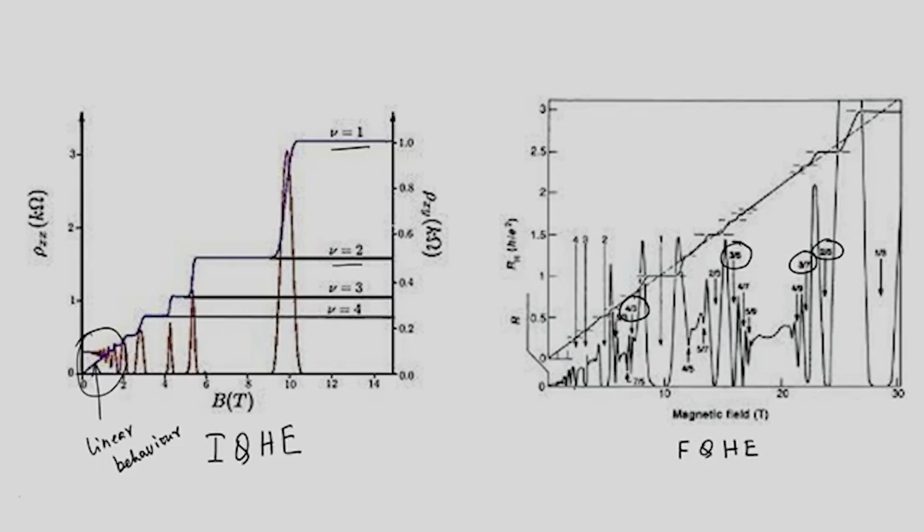So, what are the reasons for these fractional plateaus? Does it mean that there are fractional particles, or that the electron is divisible?